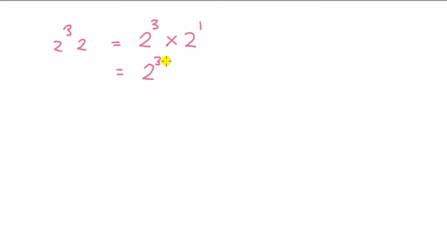Take x, 2, and add the powers. So that's 2 to the power of 4. Now use your calculator if you want a whole number, or you could do it in your head. That's 16.